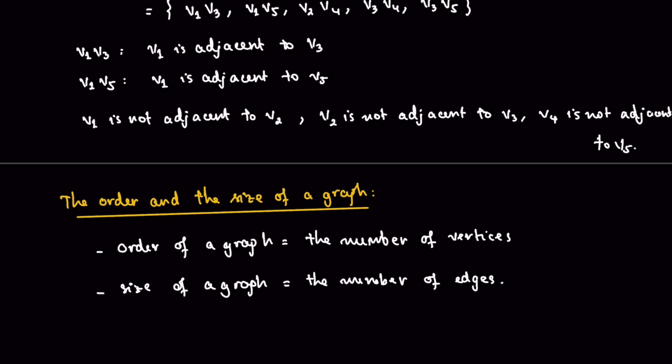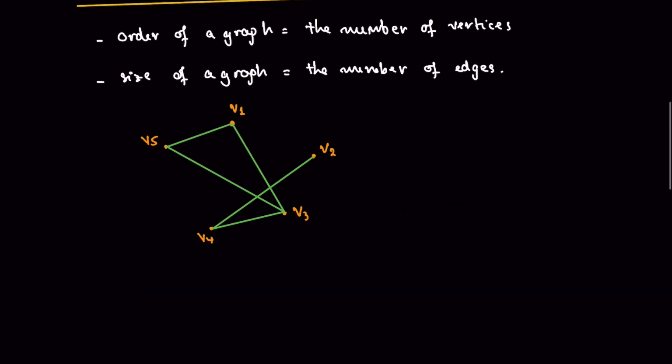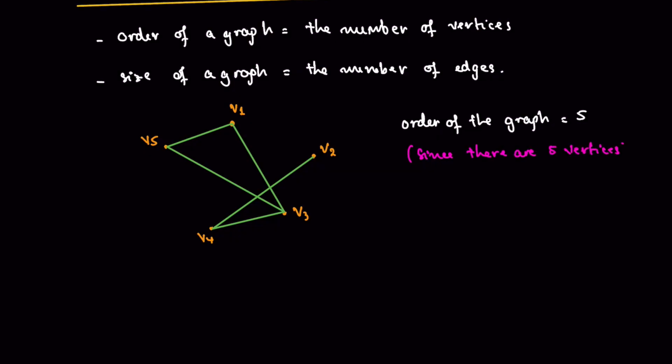Now let's go back to the example we saw earlier. Because you have 1, 2, 3, 4, 5 vertices, the order of this graph is equal to 5. The explanation is that there are 5 vertices.